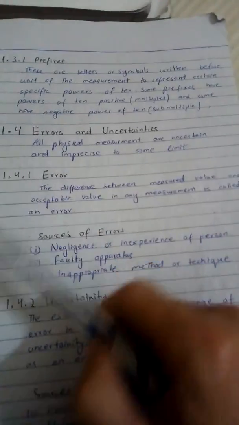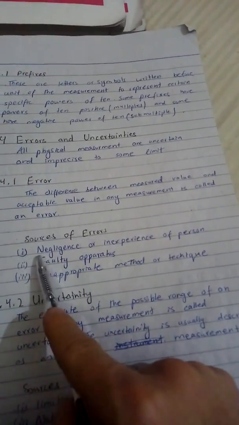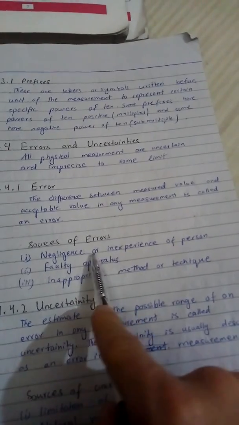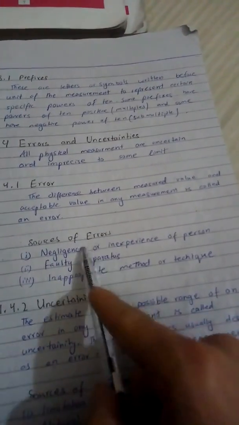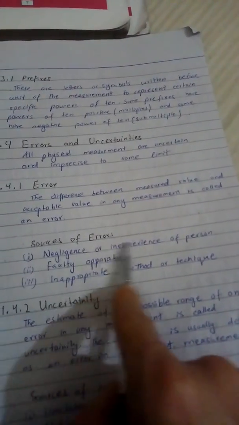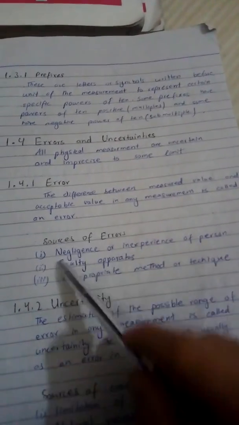So what are the sources of error? Basically, sources of errors are negligence or inexperience of the person. If the person is not experienced, he will make errors. There is a greater chance of making errors.